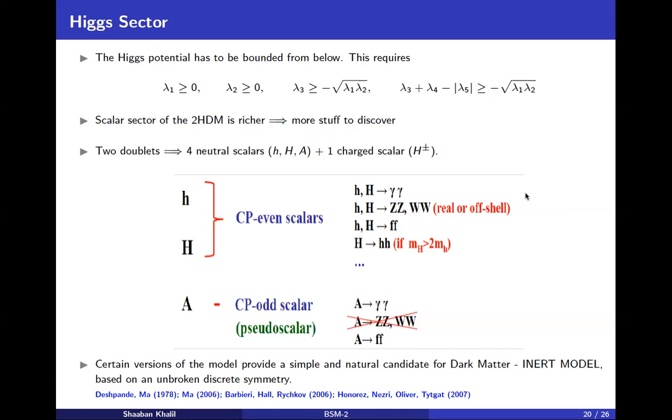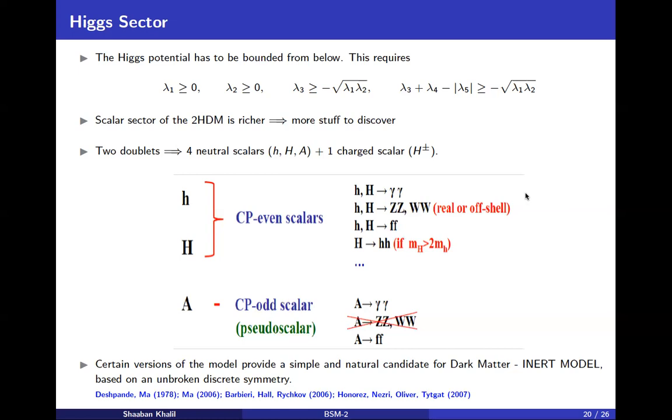And in fact, three neutral: CP even h small and H capital, and CP odd A capital. So quite rich, as I told you. And in fact, in SUSY, since we have a model with two Higgs doublets, we have essentially the same things in the Higgs sector. So we discovered so far just the standard model like h, little h.